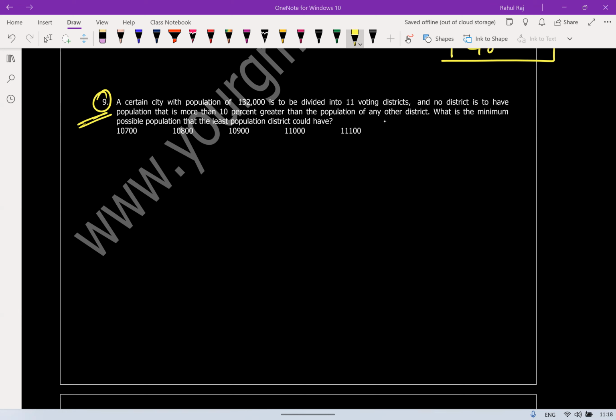Yeah. So it says that a certain city with the population of 1330 is divided into 11 districts. Now they have given you a sort of a reservation, or you can say they're trying to restrict your thought process, saying that no district is to have a population that is more than 10% greater than the population of any other district.